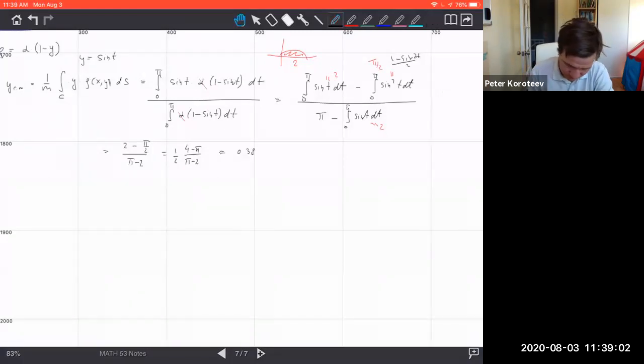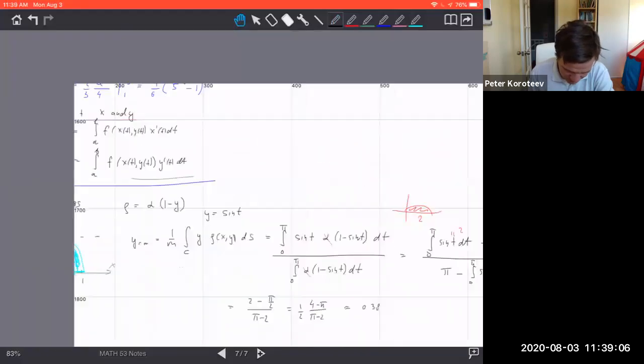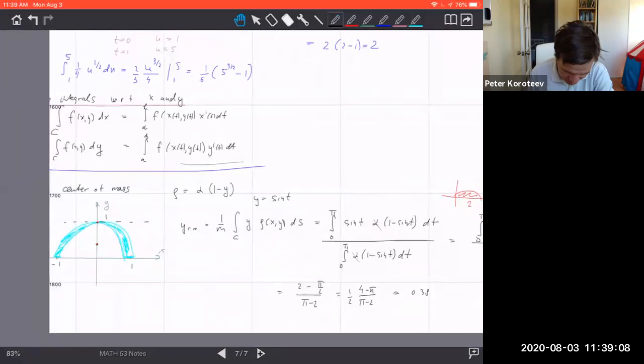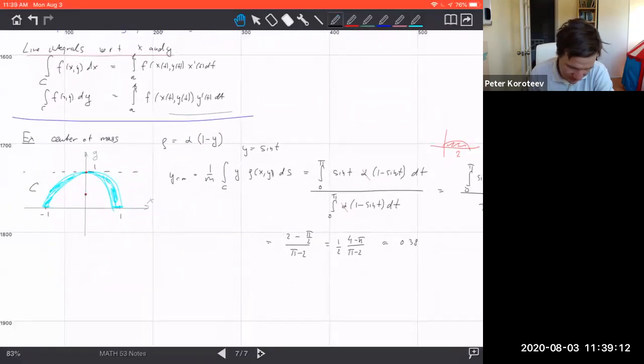Okay. Now let's get back to the integrals with respect to x and y only. What we're doing is simply ignoring the dependence on the other coordinate, just integrating along the x-axis.